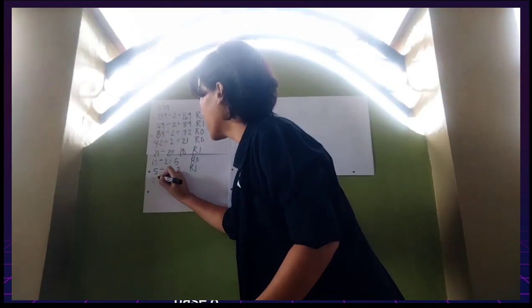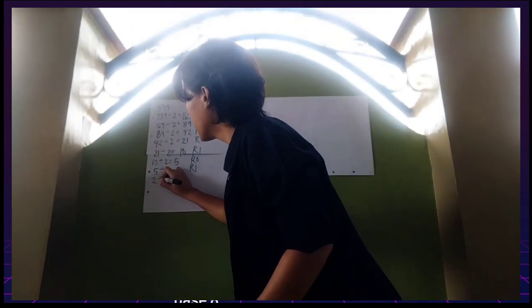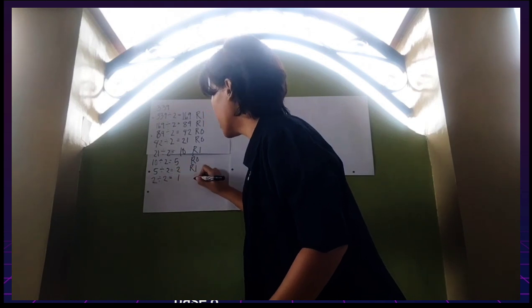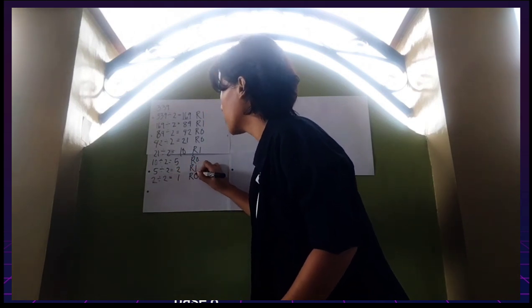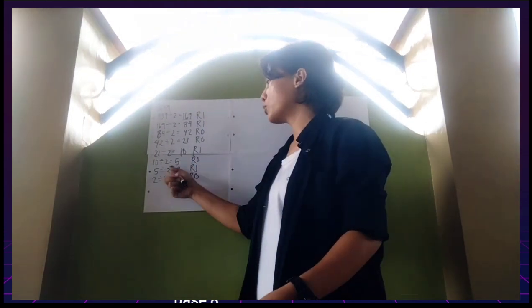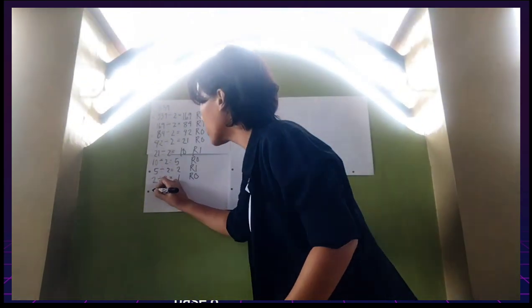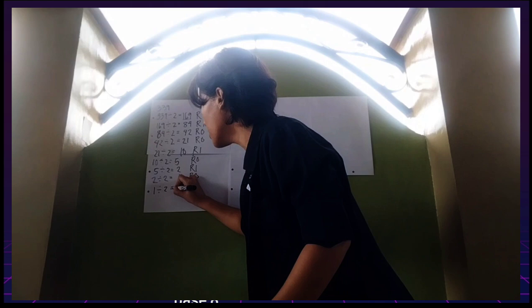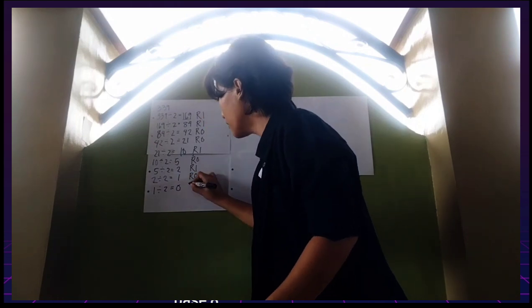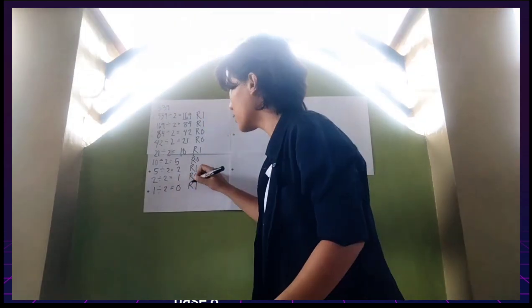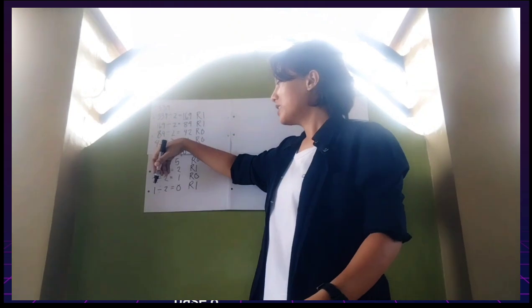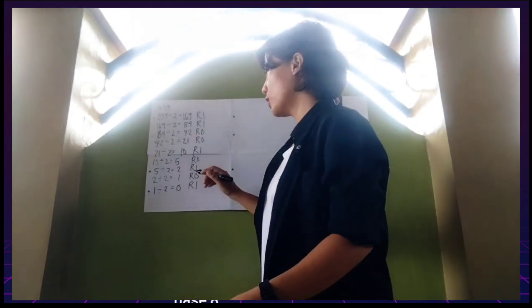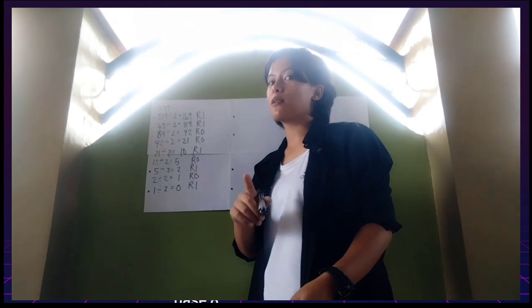Then 2 divided by 2 is equal to 1 with a remainder of 0, because if we divide 2 by 2, the answer would be 1 only. And 1 divided by 2 is equal to 0, of course, and we have the remainder of 1, because if we divide 1 by 2, the answer would be 0.5. So we have 1 remainder, which is 0.5.